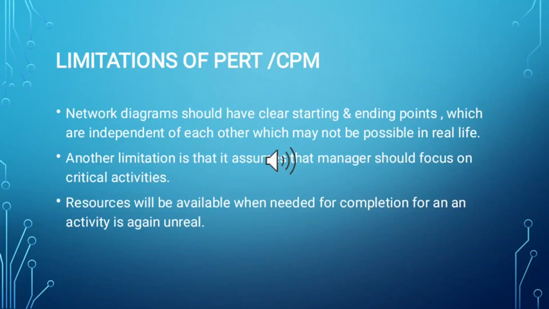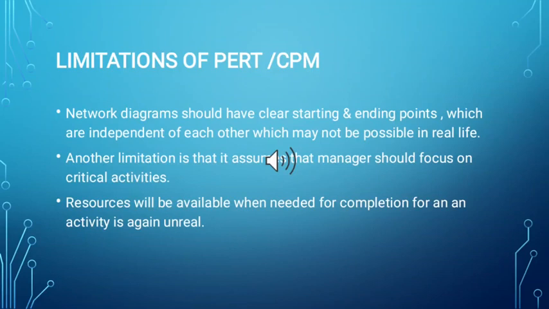Limitations of PERT or CPM. The network diagram should have clear starting and ending points, which are independent of each other, which may not be possible in real life. Another limitation is that it assumes that managers should focus on critical activities.